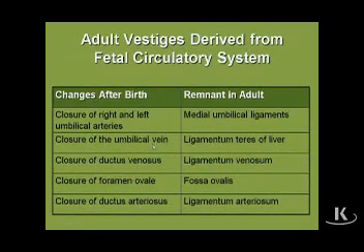We get closure of the umbilical vein. The adult remnant is the ligamentum teres. We get closure of the ductus venosus. The remnant is ligamentum venosum. The pressure reversal closes the foramen ovale. We have the marking of the fossa ovalis to tell us where that was. And now we have the closure of the ductus arteriosus, with the ligamentum arteriosum being the adult remnant of that.